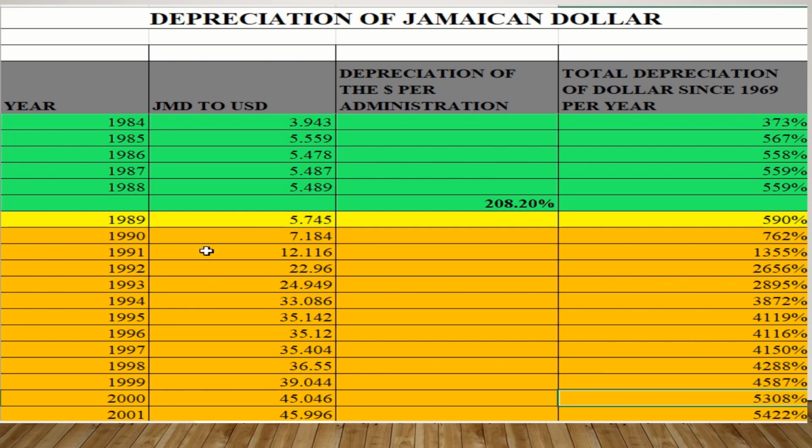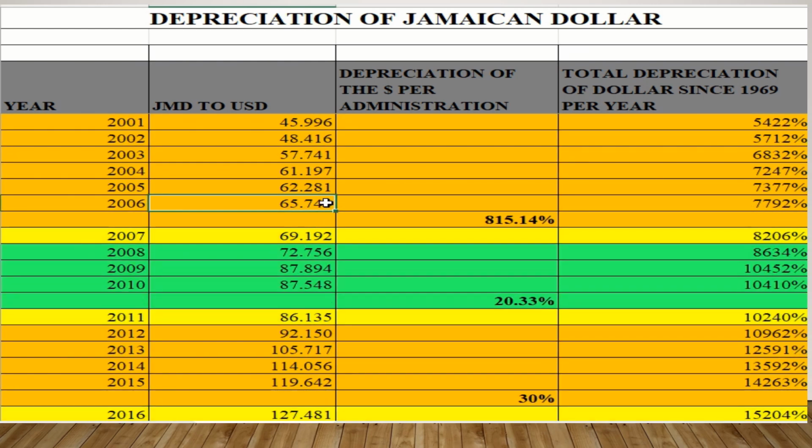So in 1990, the value of the Jamaican dollar was 7.184 to 1 US dollar. In 2023 we'd love to have those days again. We would love to have the days when it was 7.184 Jamaican for 1 US, even though the dollar depreciated by 762% to get there. But we take it compared to what it's at now. Let's continue.